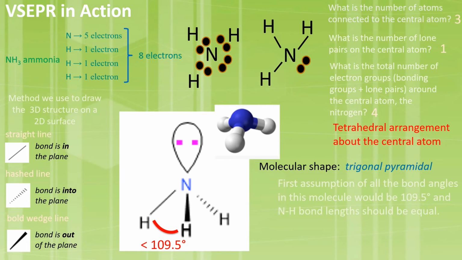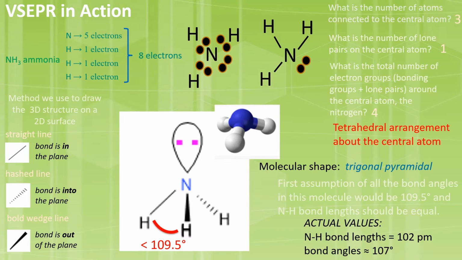Now, the actual values for the bond lengths and bond angles in ammonia have been measured and are known. Each nitrogen-hydrogen bond length is equal, about 102 picometers, and the HNH bond angles are about 107 degrees, smaller than the 109.5 degrees if the extra room taken by the lone pair electrons is not taken into consideration.